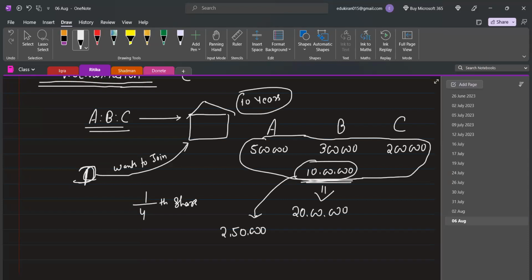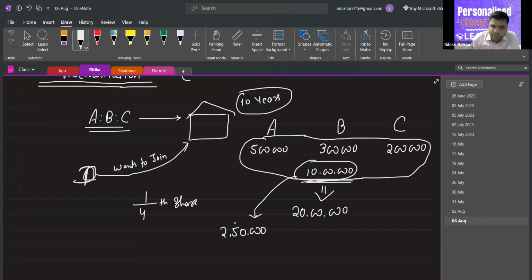Actually, the capital payment will be equal to only 2,50,000. But the total payment he will pay is 5 lakh, 1/4 of 20 lakh. Now this extra 2,50,000 is called goodwill.